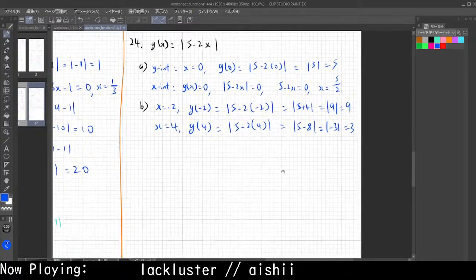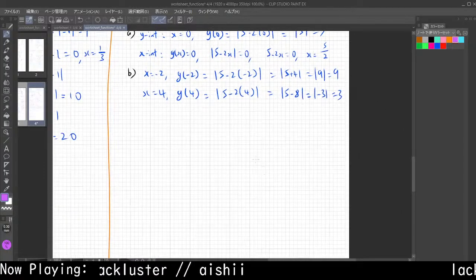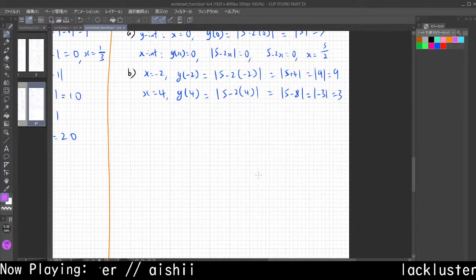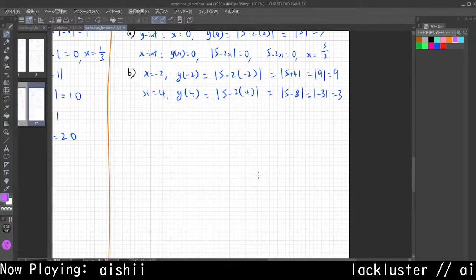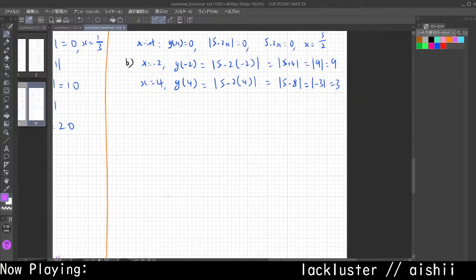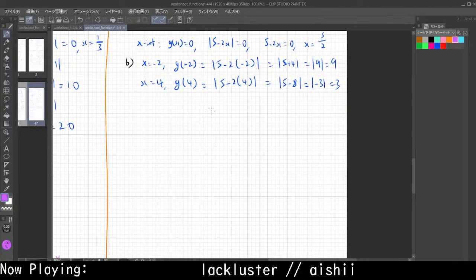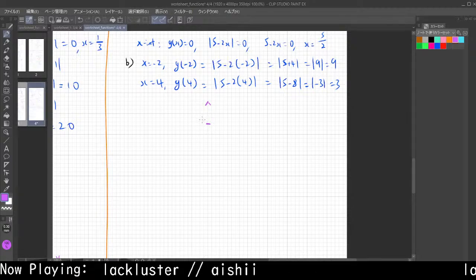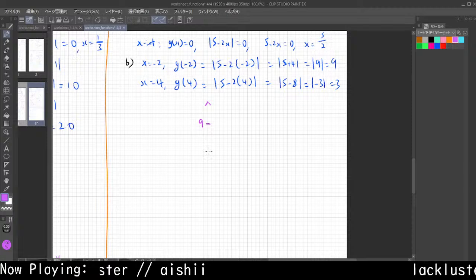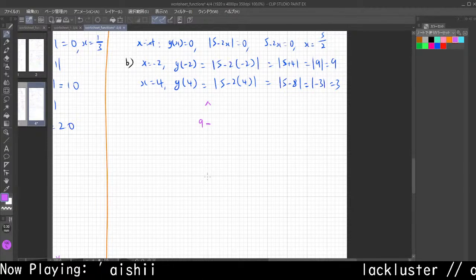Okay, sketch rough. 2 to left, 2 to 4. This is 9, 8, 4, 3, 2.